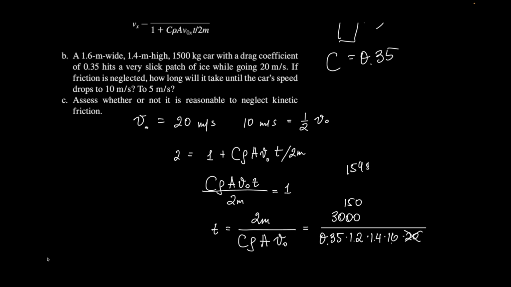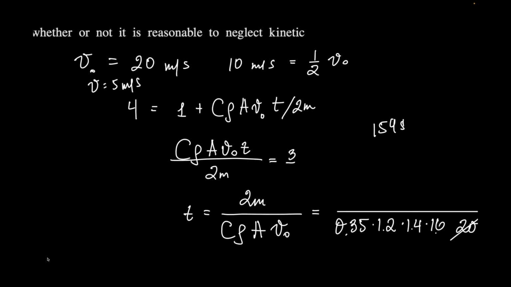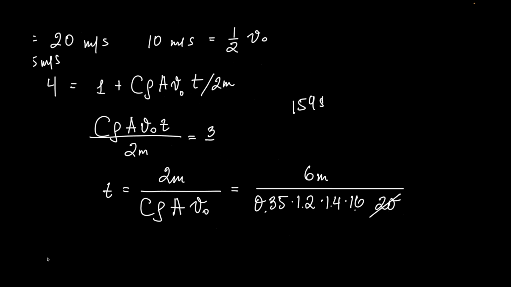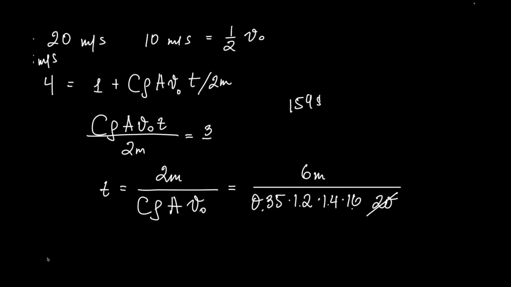And then to drop to 5, that's 1/4. So I would say this now equals 1 plus the same term over 2m. So then it's going to be 4 minus 1, that's 3. So this becomes 6m, so that's 6 times 1500. We got a 0 out of here, 0 out of here, 3.